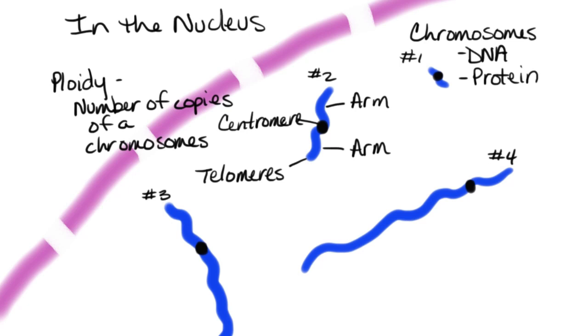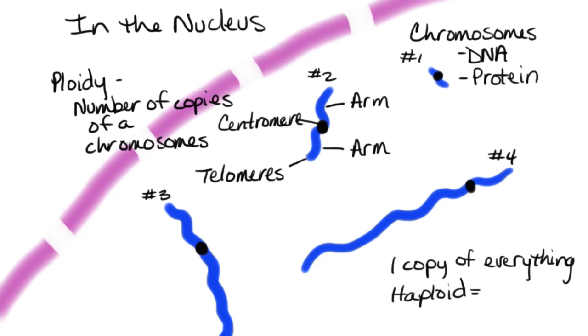Now, as we're looking at it on this picture right now, we have just 1 chromosome number 1 and 1 chromosome number 2, and so on. So since that is the case, we would say that we have 1 copy of each chromosome. And the term that we use to refer to that is haploid.